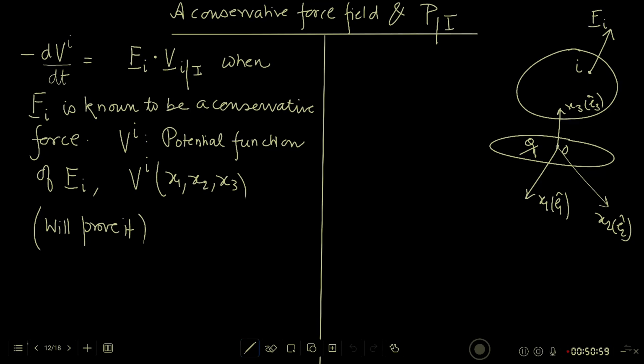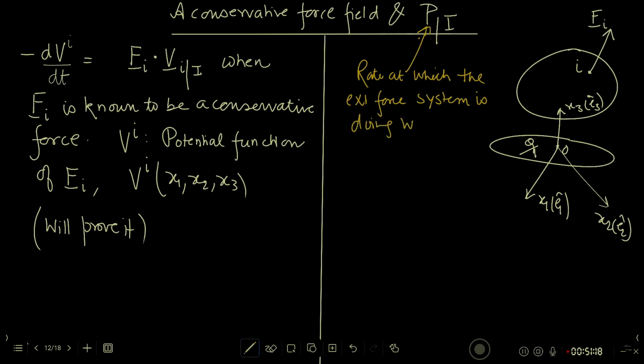Recall, Pi is the rate at which the external force system is doing work on the RB, this RB, with respect to frame I. How does it affect? How does it simplify?